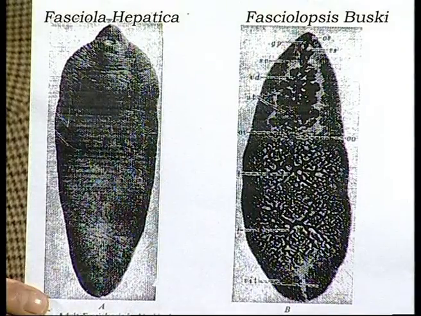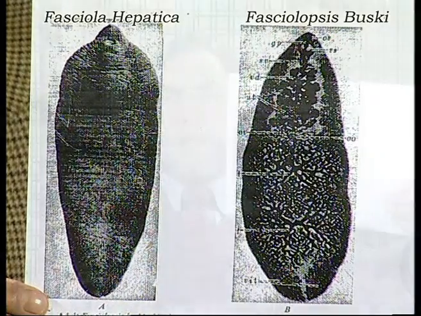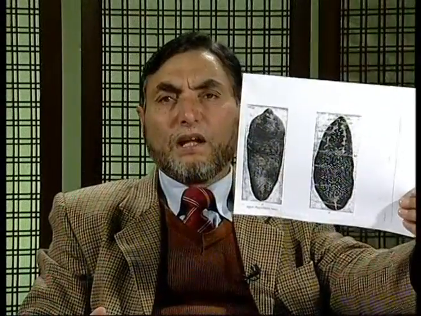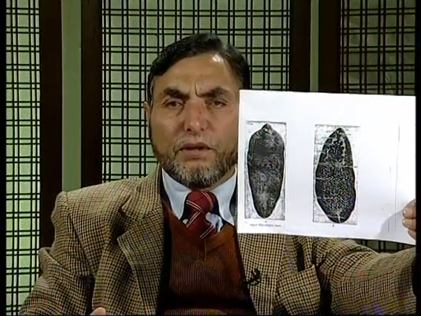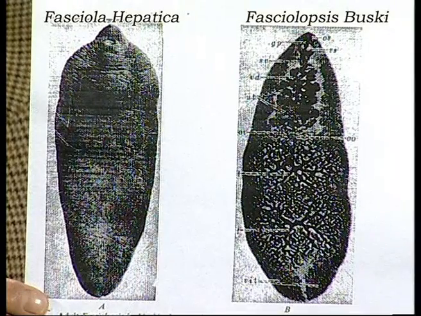Similarly, we are having the Fasciolopsis buski, which is again leaf-like in shape, and again having a cone at the anterior end, but it is much larger than Fasciola hepatica and is thick in nature. This Fasciolopsis buski lives in the intestines of man, attaching itself with the help of the suckers. And these are found in large numbers, sometimes in hundreds, in the intestines of man.